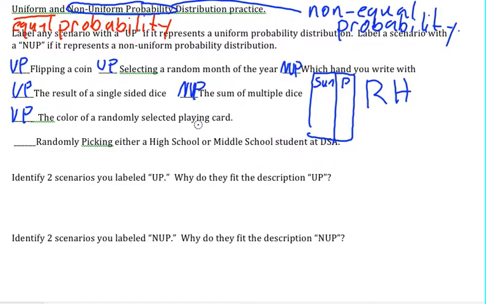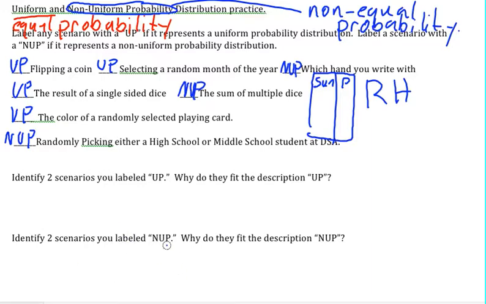Hopefully, if you didn't know that as a fact, you have enough common sense to recognize that we have 4 grades of high school and 3 grades of middle school. So this is a non-uniform probability scenario. You're more likely to get high school and less likely to get middle school. They're unequal probabilities, so it's non-uniform.